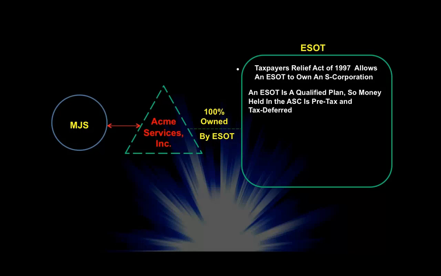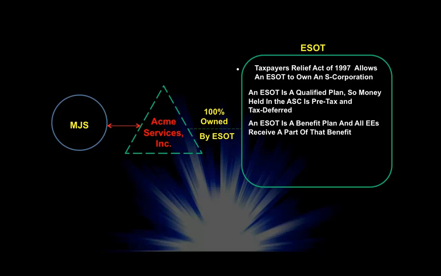So it files a Form 5500 as part of its tax filing, and that 5500 shows that income has been created. However, no taxes are being paid on that income. So what we do is we wind up conferring a tax-exempt status on Acme Services because of its ownership by an employee stock ownership trust.